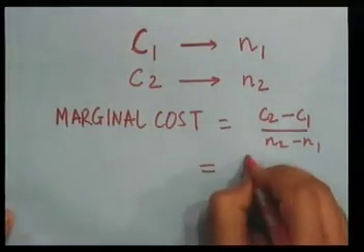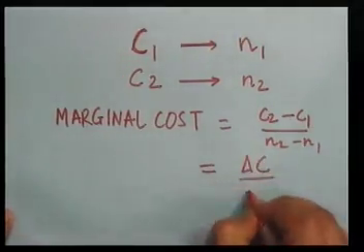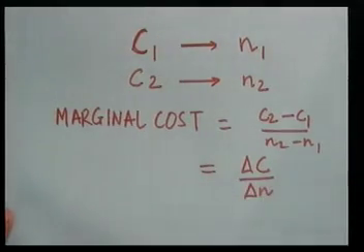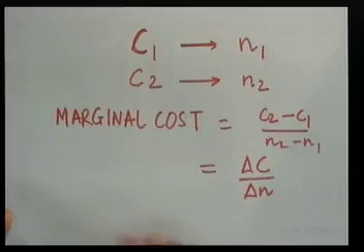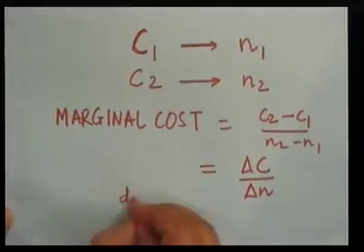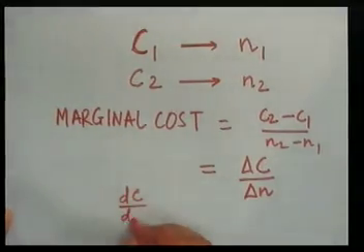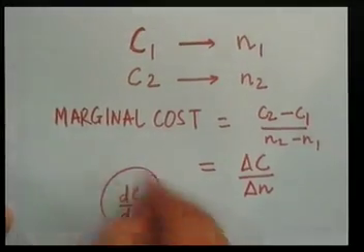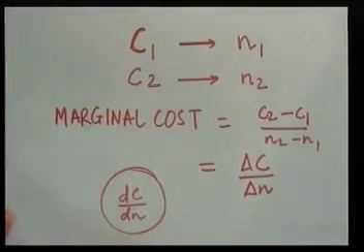This is nothing but delta C divided by delta N. Now, if the increase in quantity is very small, tending to 0, then this is approximated by dC upon dN. So, this is how we compute marginal cost.